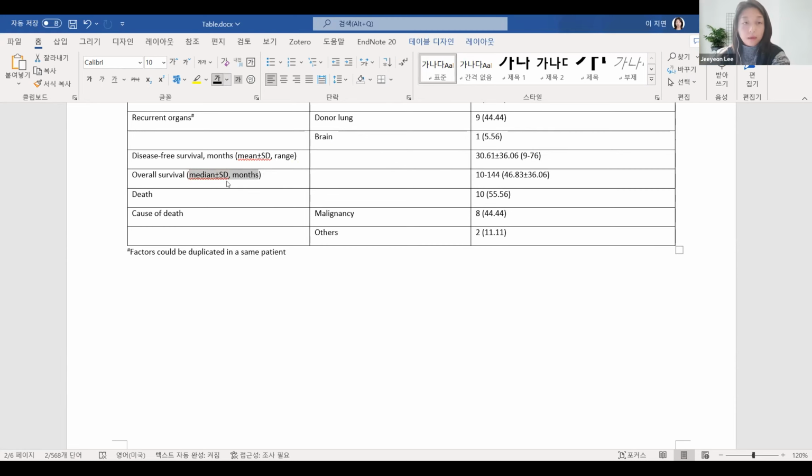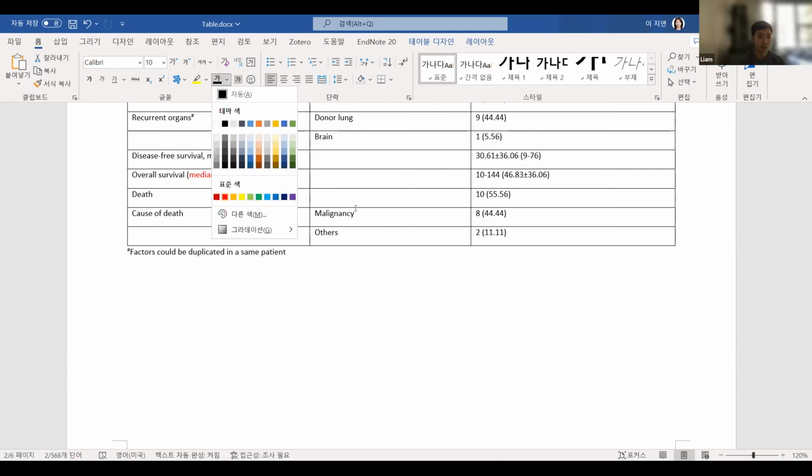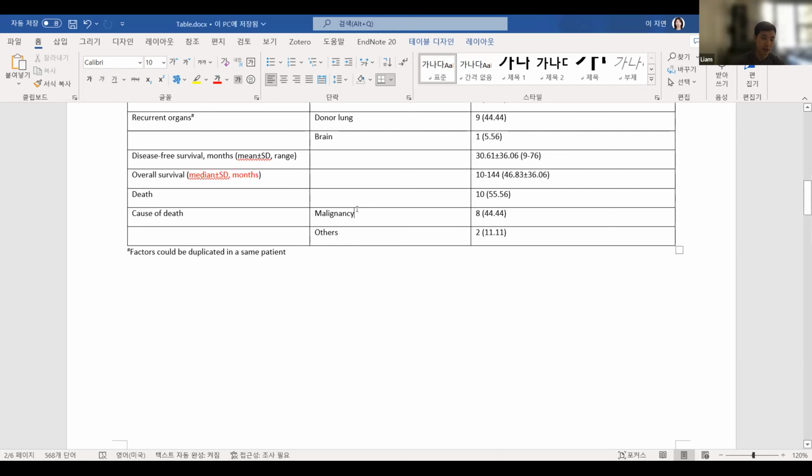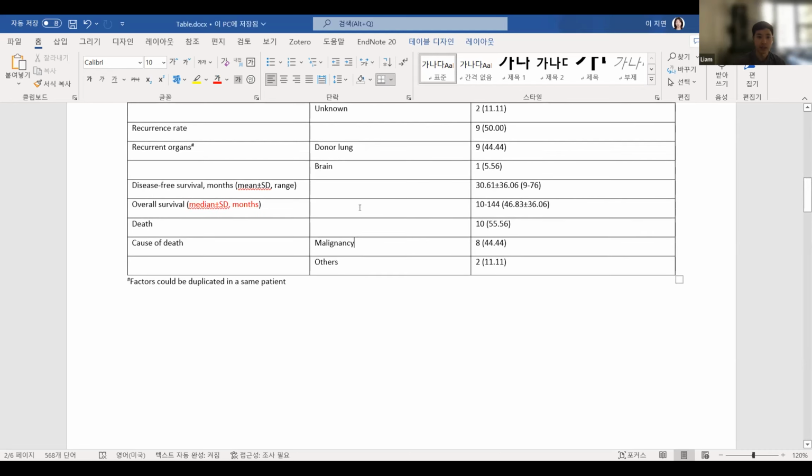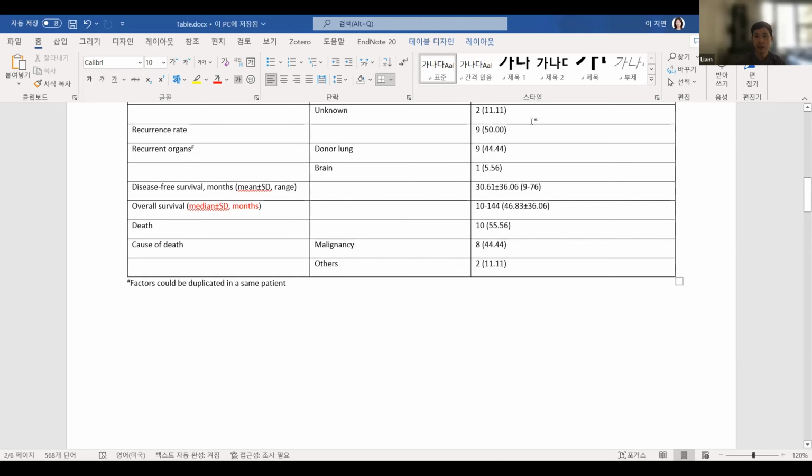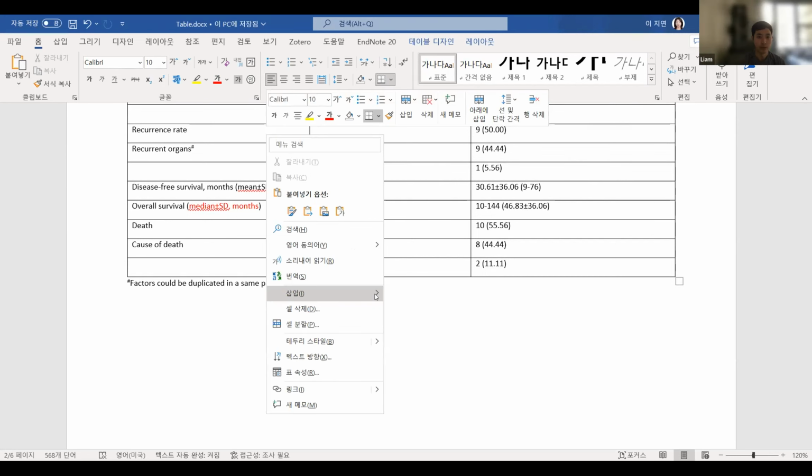Oh yeah, so above it said recurrence rate. I don't think that's accurate. Overall cases was 18. So shouldn't we either say recurrence, yes or no, and then, because technically, 9, okay, and we're showing the percentages in the parentheses.